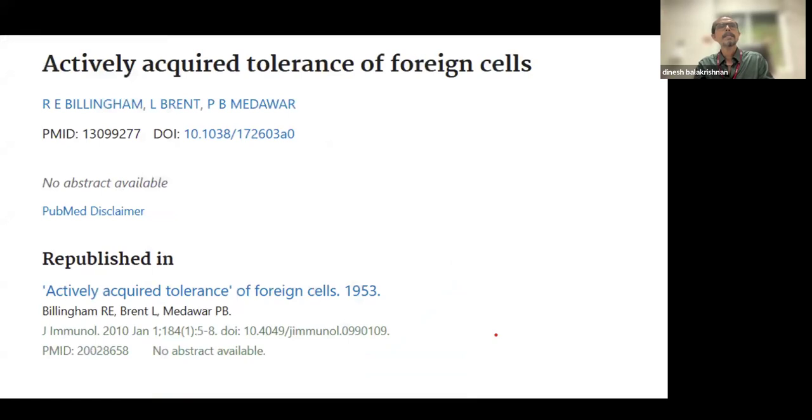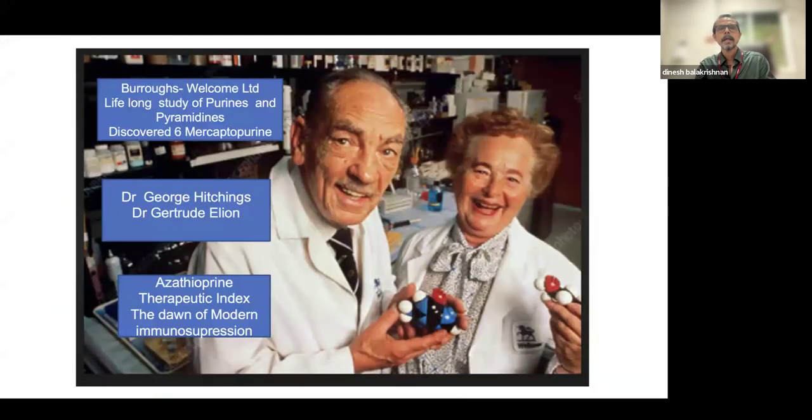So this is the paper that was published, which I spoke about, Peter Medawar in 1953, talking about actively acquired tolerance of foreign cells. Now, another picture here, this is Dr. George Hitchings and Gertrude Elion. Both of them were biochemists, pharmacists, who were working at Burroughs Wellcome.